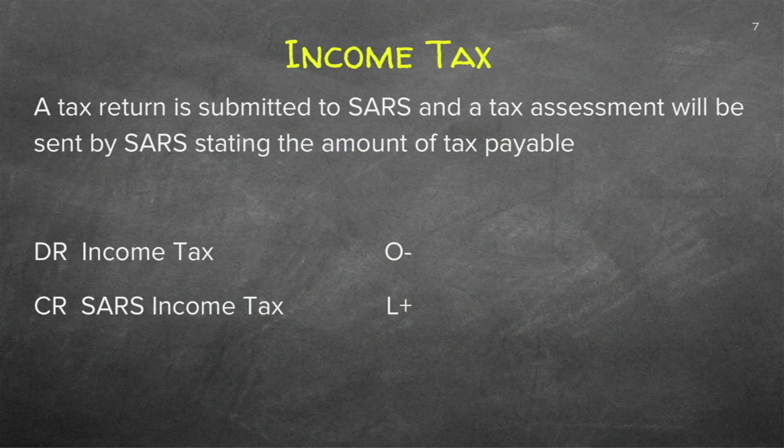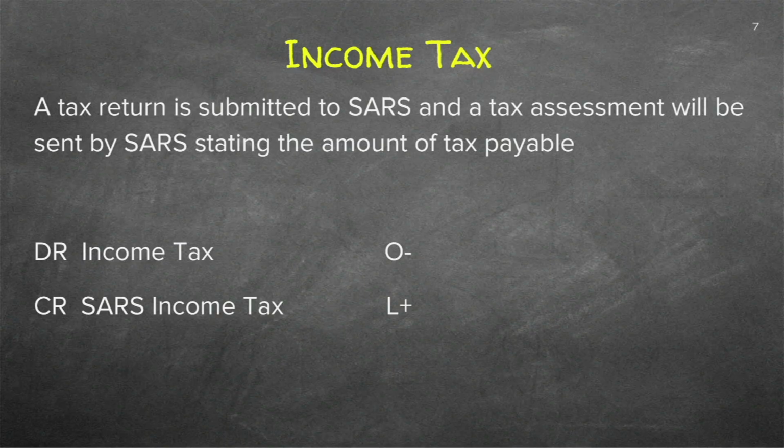We would now submit to SARS a document known as a tax return form. SARS will then assess our tax and send us a statement of how much we owe SARS. And so we now have to bring income tax into account.